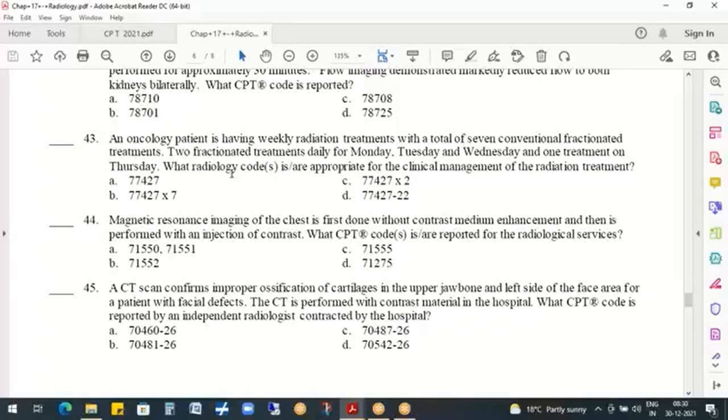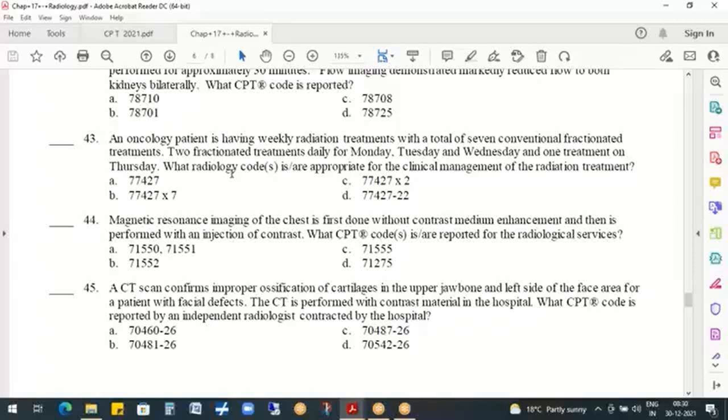That means only one time we need to report 77427. For example, if it is 8, then the code twice. One cycle equals minimum 5, maximum 7 treatments. We can use that code up to 7 treatments. Understood?